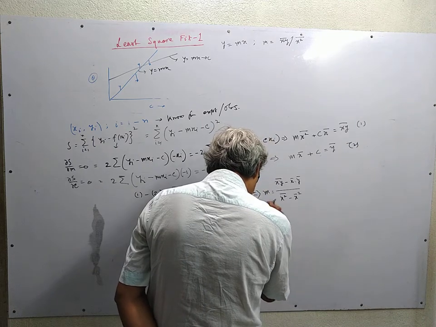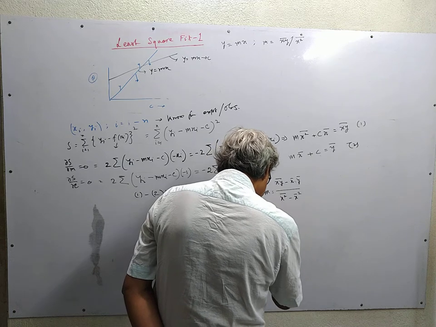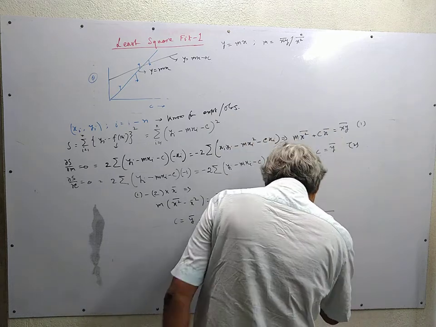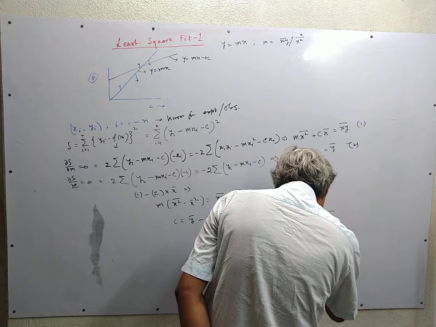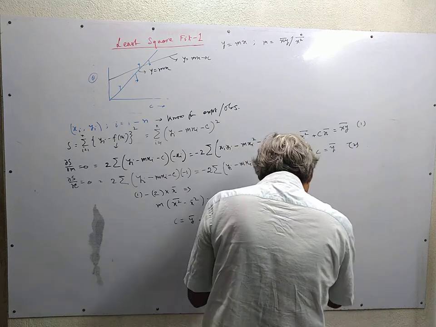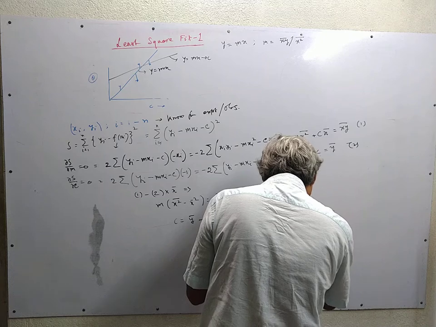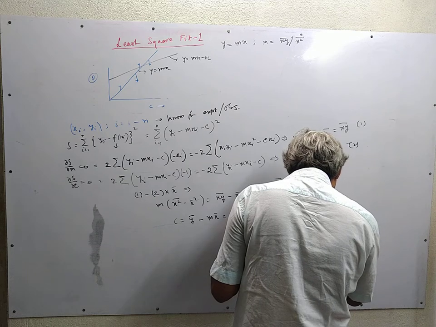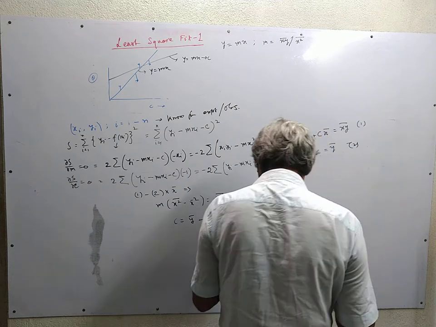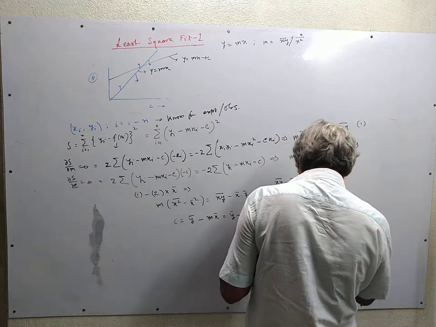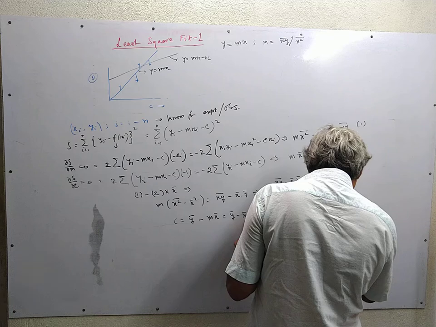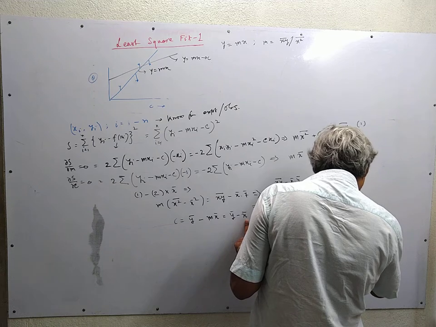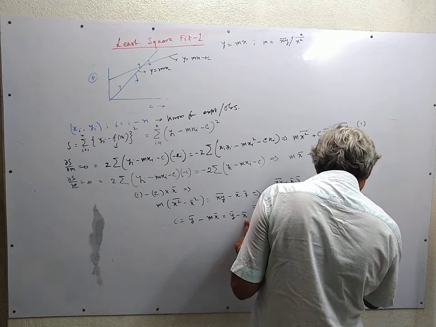If we take the LCM, x square average minus x average square, then it is x square average y average, then minus x average square times y average, minus x average dot xy average, plus x average square dot y average.